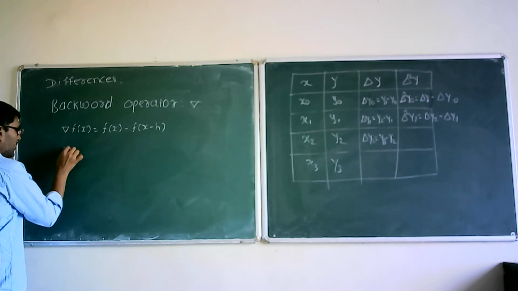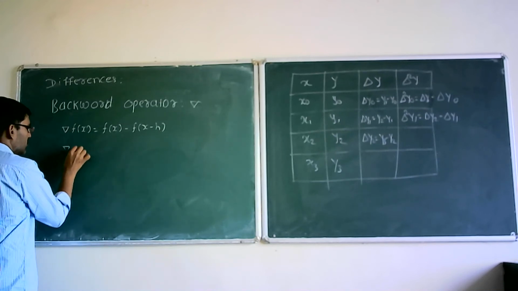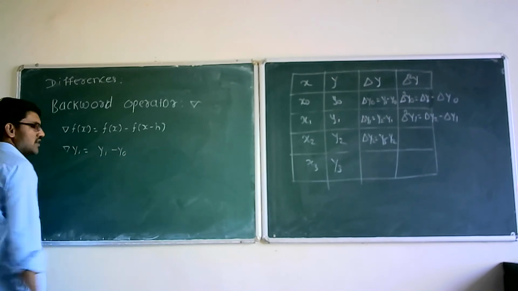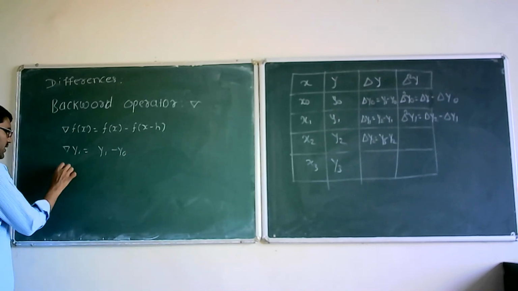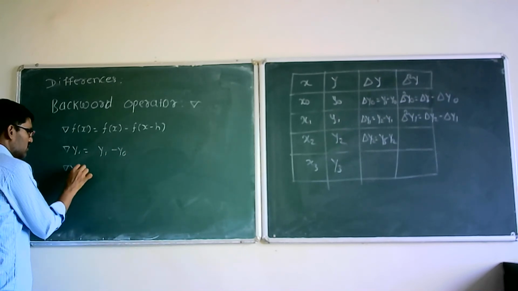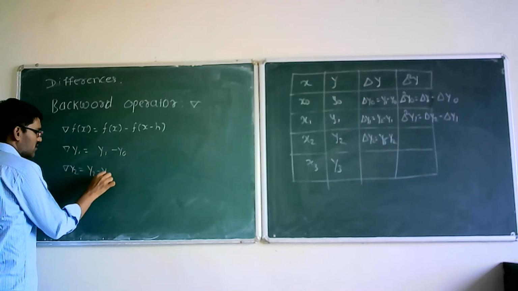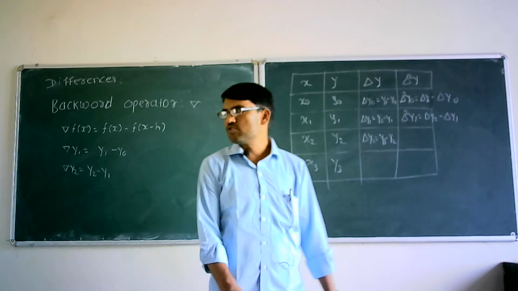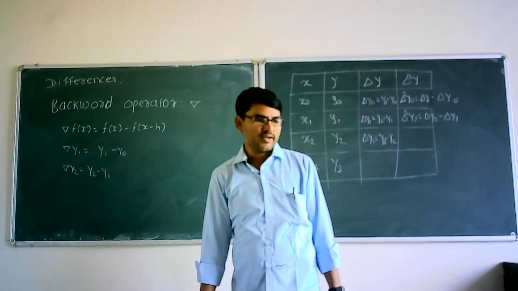If you want to determine, del y1 is equal to y1 minus y0. Del y2 is equal to y2 minus y1, for given equally spaced values of x0, x1, x2 and xn.